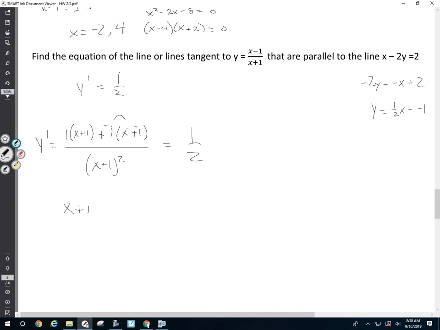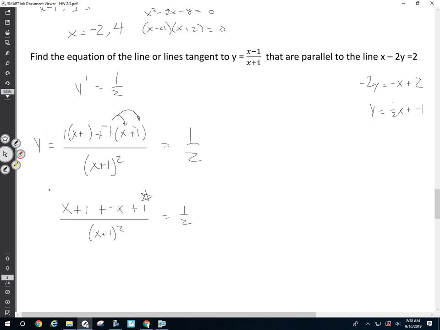That way I know I'm distributing a negative 1 to both of these terms. This is a negative x. This is a positive 1. That's the value everybody messes up. They think it's a negative 1 and they get 0. So fantastic. I'm glad we had an example where we had to distribute the negative. We got x plus 1 squared, still needs to equal 1/2.